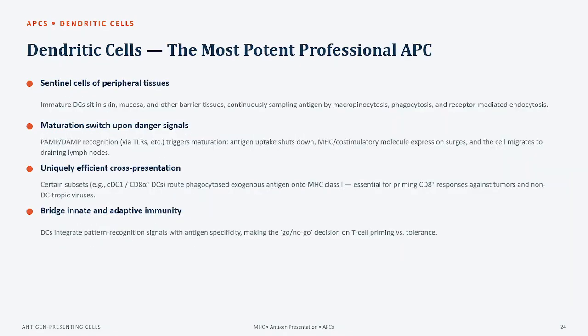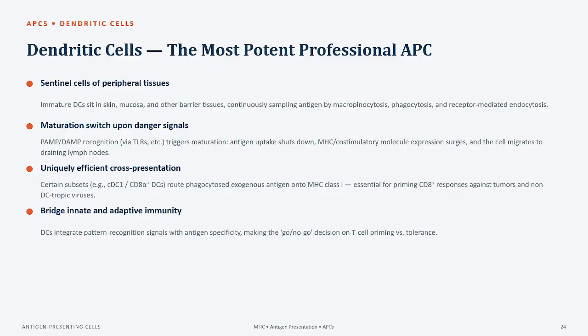Okay, now we will go one by one, first with the dendritic cells. This is the most potent professional antigen presenting cell. Immature cells have a sentinel role.